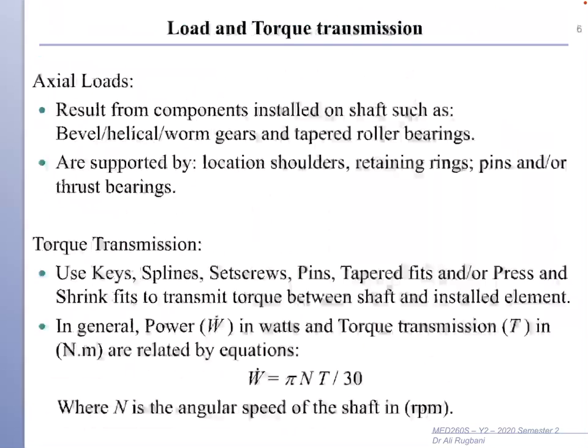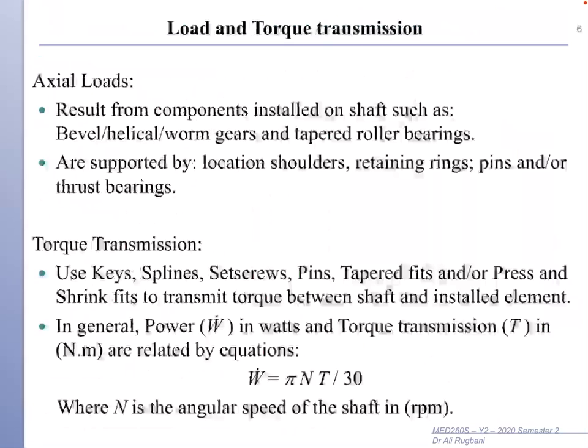So you need to support that force. You can support that force by providing location shoulders on the shaft. Location shoulders means a change in diameter of the shaft, or retaining rings. So you keep the component in place using retaining rings, pins, thrust bearings, and so on.